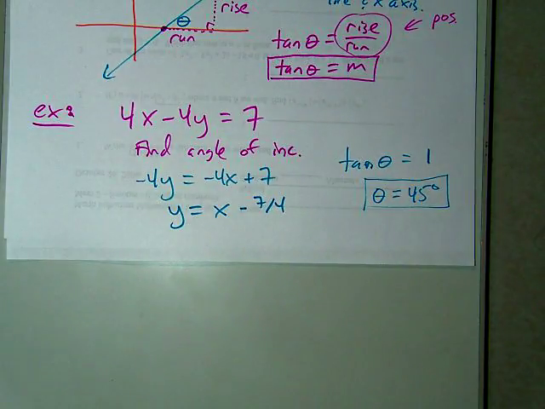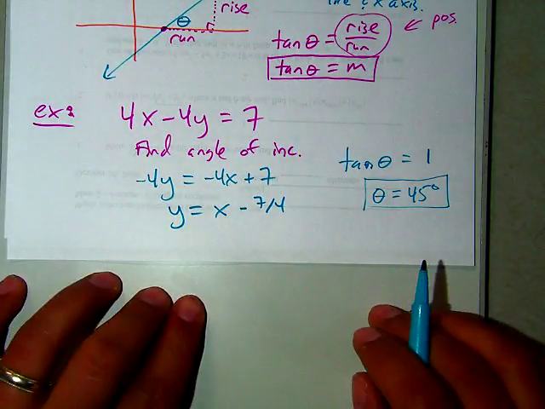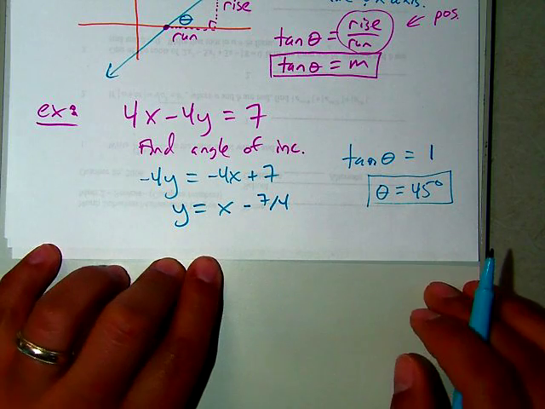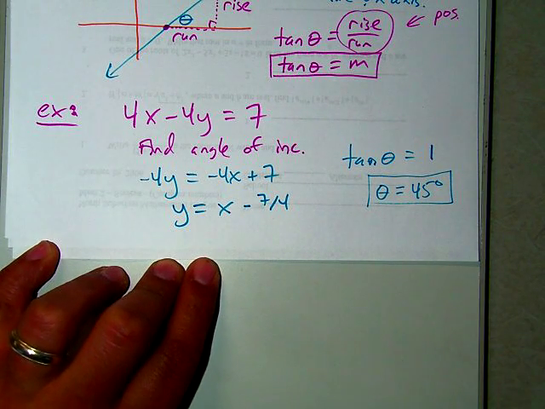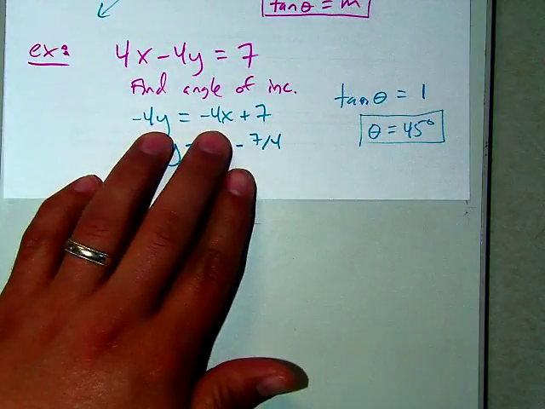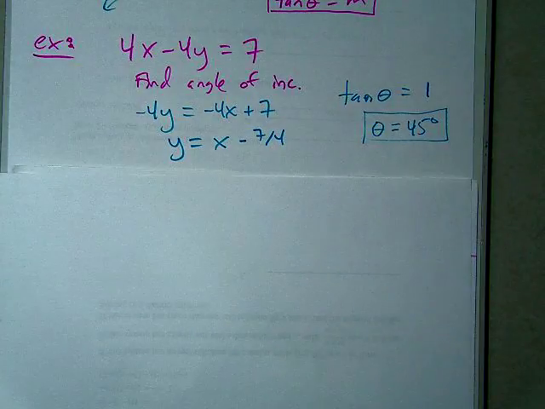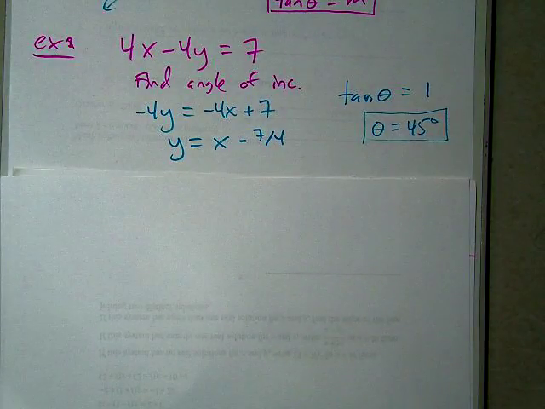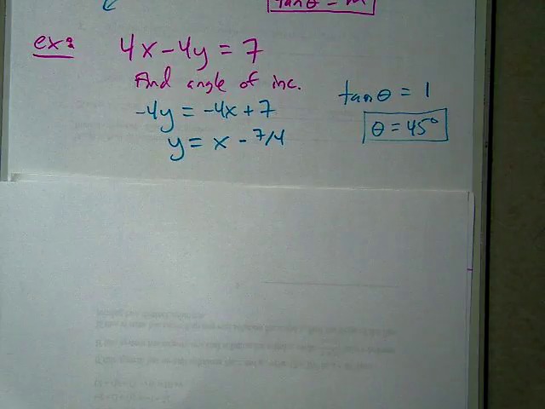So it could be 45 or what would it be? 225, but we're going to go with the acute version. Yes. Not the cute version, the acute version. Okay. Well, I guess 45 would be cuter than a 225, you know. Okay. All right.